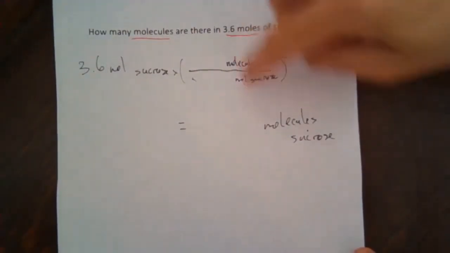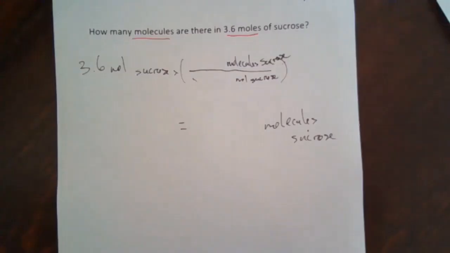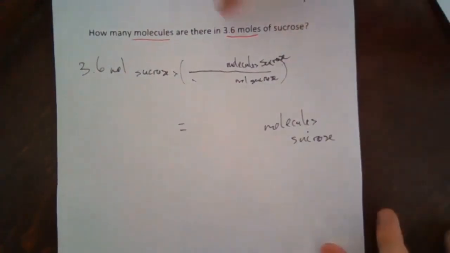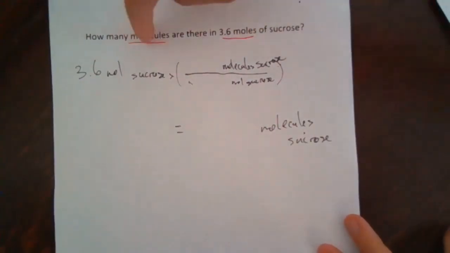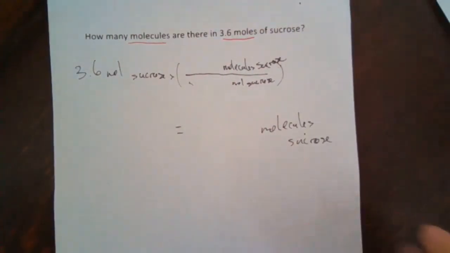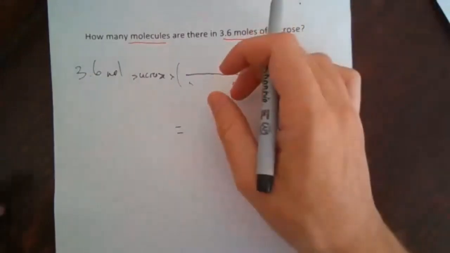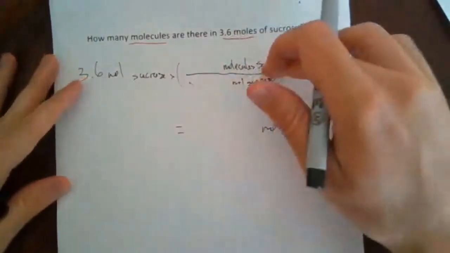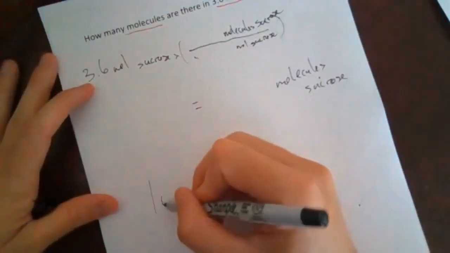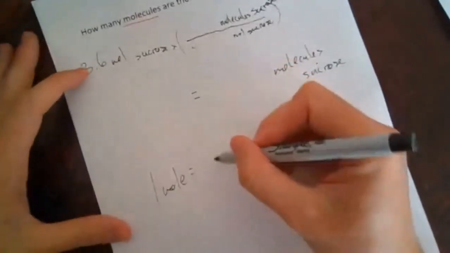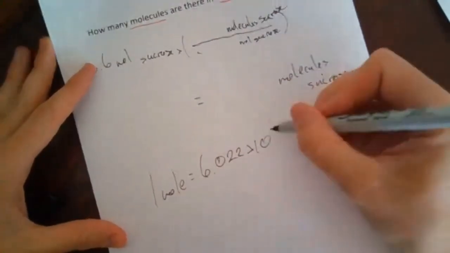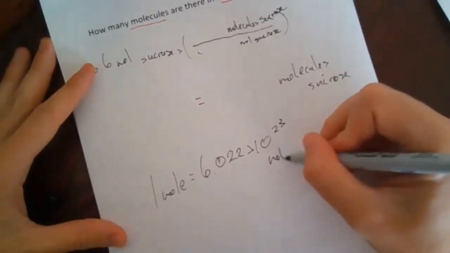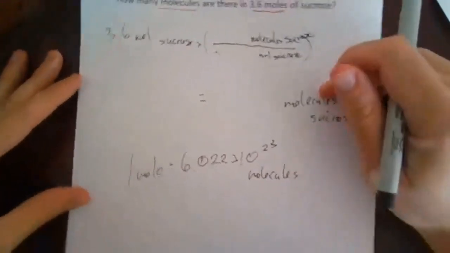And so the question is, how are these related? And just like we've seen in the past couple of problems, we're looking at a group of objects, some sort of counting group of objects. We want to relate it to individual objects in that group. So the question is, how big is this group? So 1 mole is equal to 6.022 times 10 to the 23rd molecules.